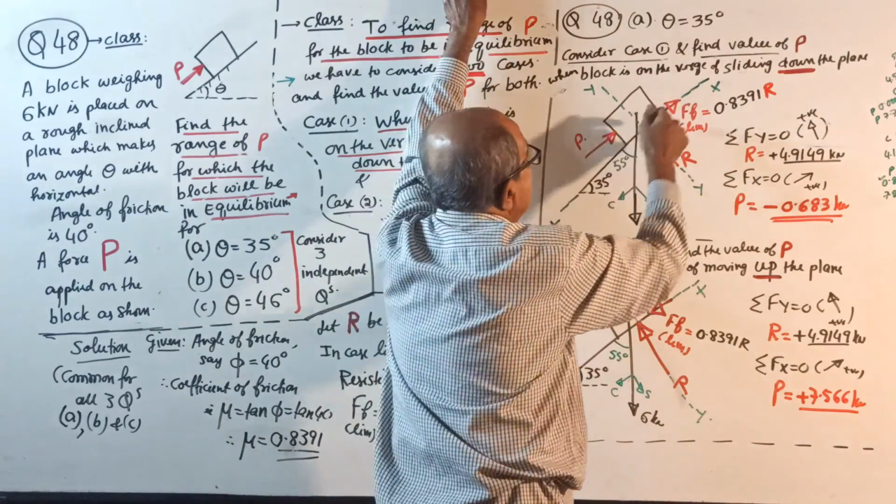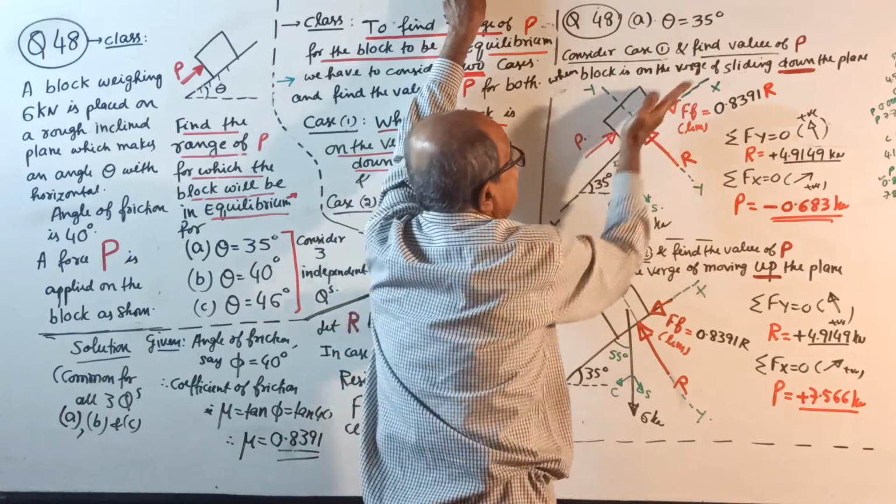There is a little space problem here. How much p? Sliding down the plane, so friction is like this. This you know.